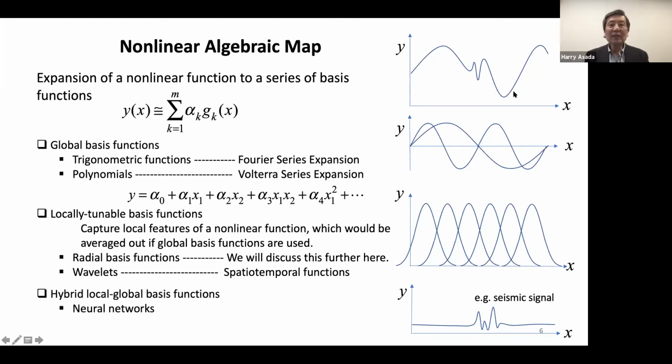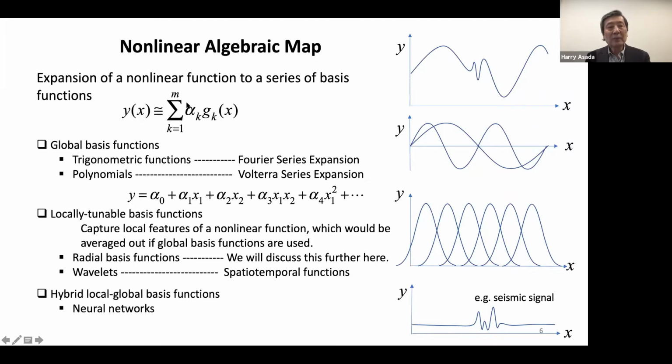Most of the techniques being used expand a nonlinear function into a series of basis functions. Here the basis function is g_k(x), and typically we take linear combinations of these.